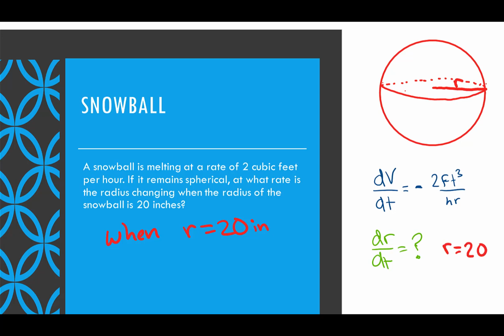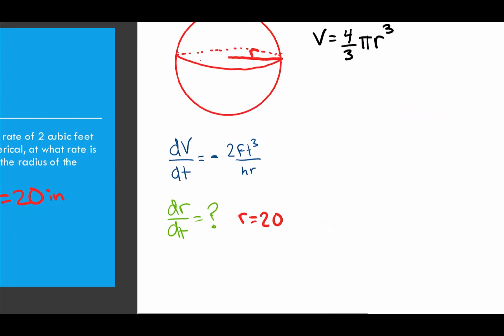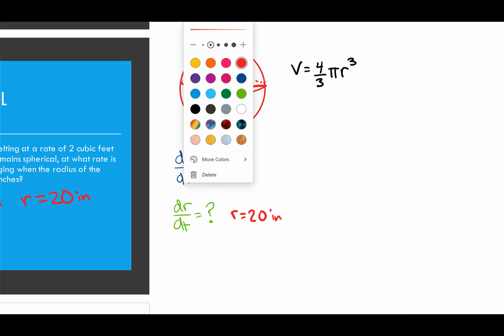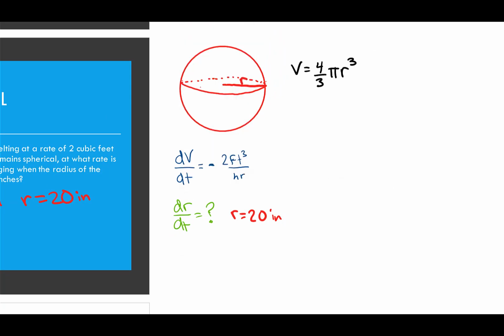But have you seen the issue we have here? We have 20 inches, but we have cubic feet. Now we could change the cubic feet into cubic inches, but that is going to be a huge pain. Now changing linear things into feet, that's not a big deal. So why don't we just convert this into feet?